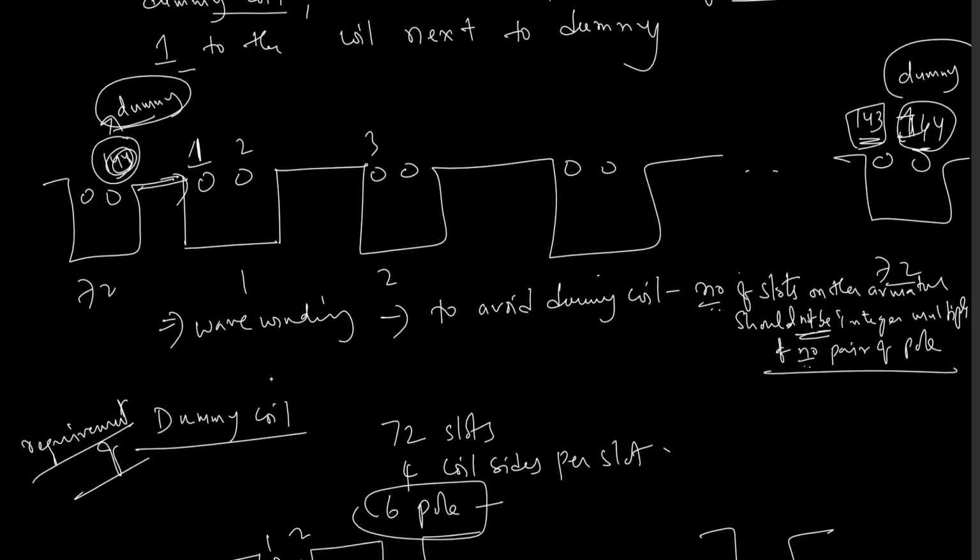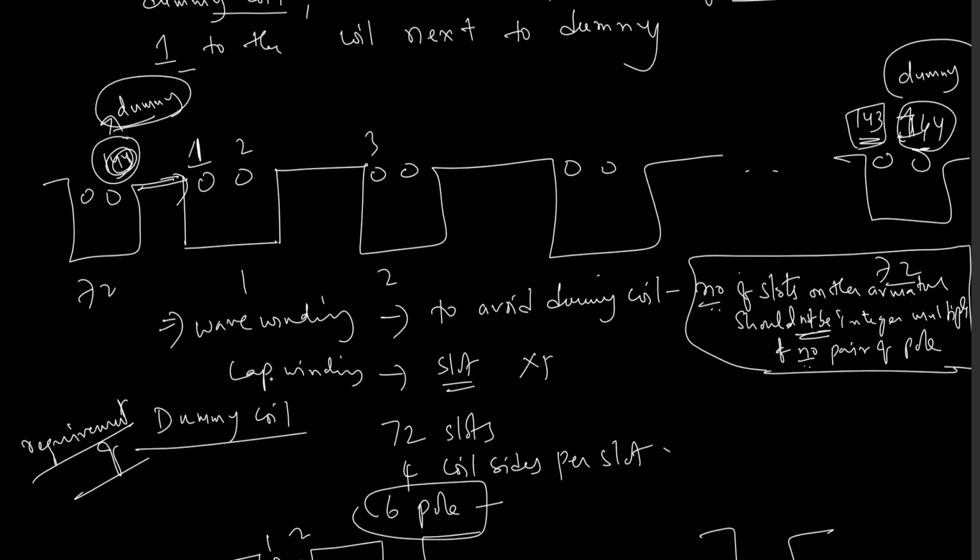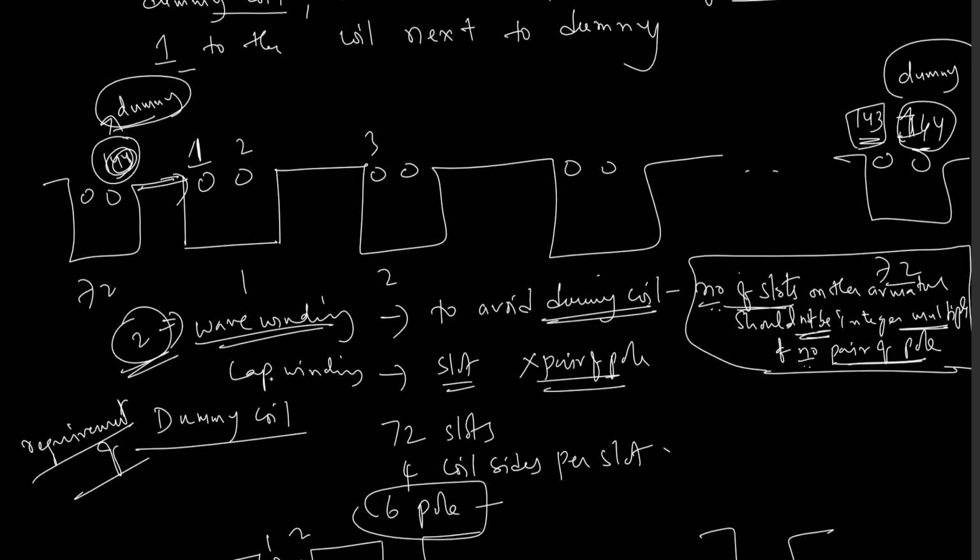This is completely reverse to that of a lap winding. Whereas in lap winding we require the number of slots to be an integer multiple of the pair of poles. But in wave winding, to avoid the dummy coils, we need the number of slots not to be an integer multiple of the pair of poles. This is one point you need to remember.